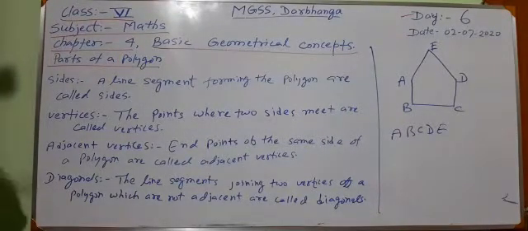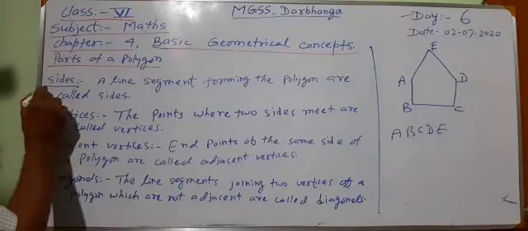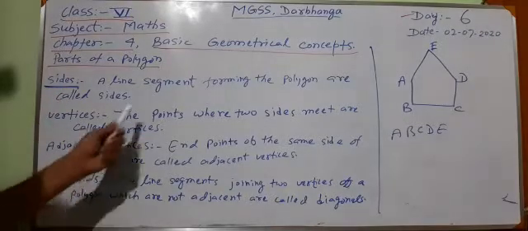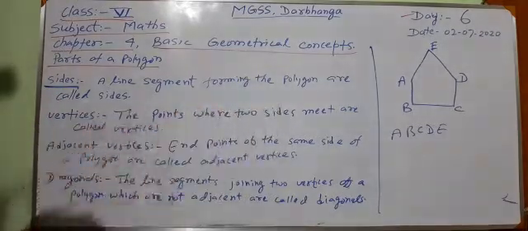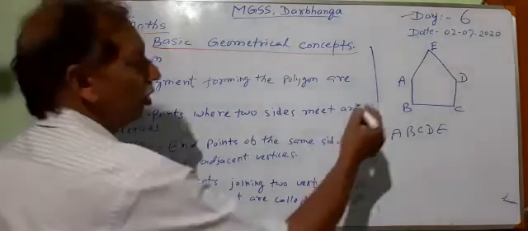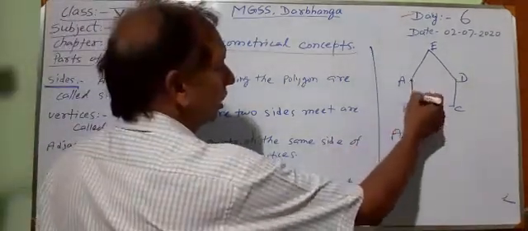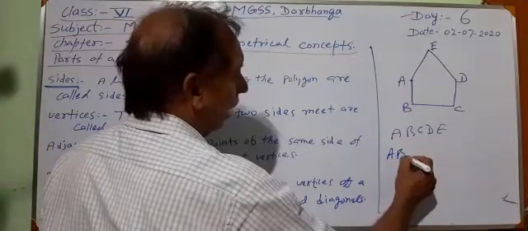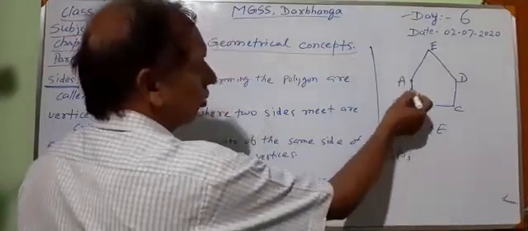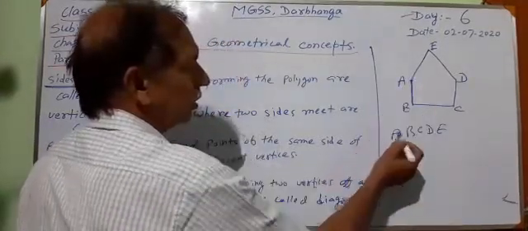First part is sides. What is a side? The line segments forming the polygon are called sides. AB is a line segment which forms the polygon, so AB is a side.